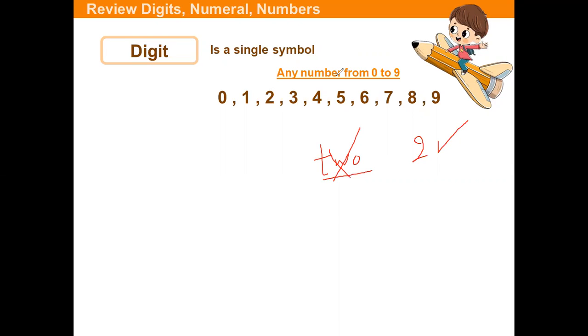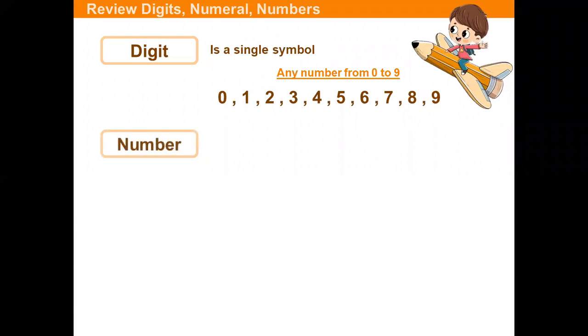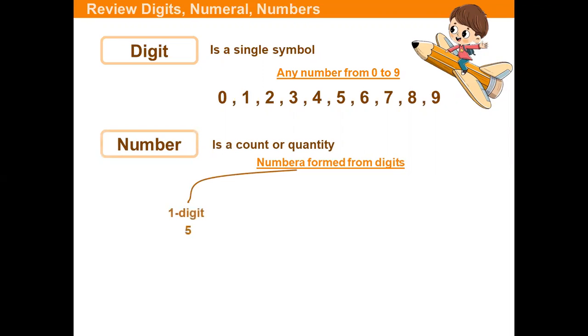Okay, let's go to the second one. Now we will talk about the number. What is the number? It is a count or a quantity. I will build the number from digits. Okay, let's start. We can say 1 digit. 5 is a digit, yes, it's 1 digit, and we can say it's a number.